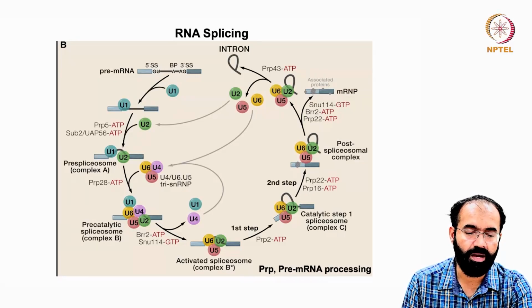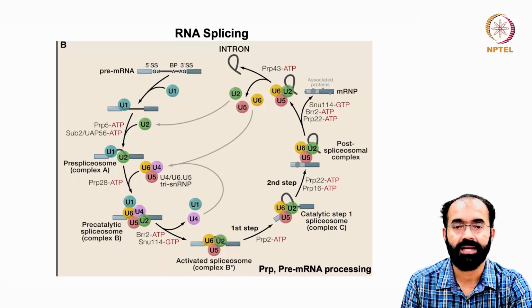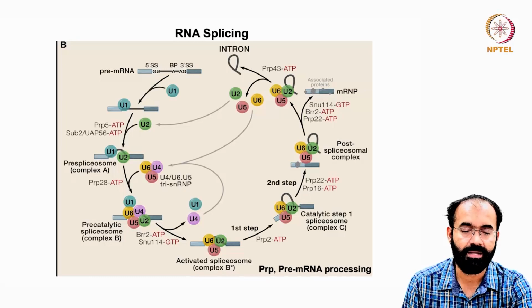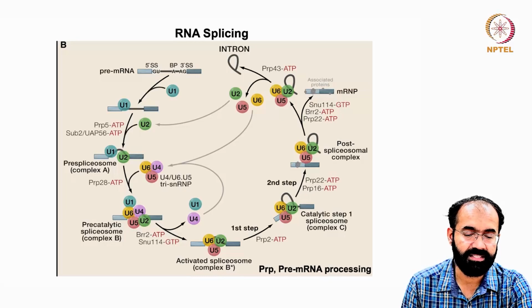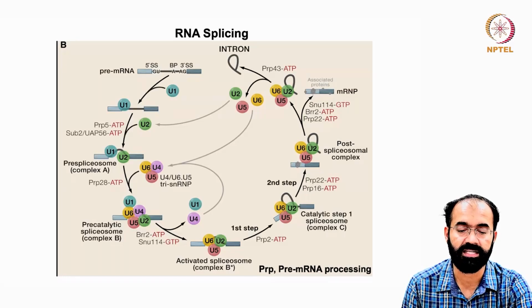And then you have PRP28, another ATP-utilizing enzyme, and in this complex the U6, U4 and U5 proteins join, and you end up getting a bigger complex, complex B, the pre-catalytic spliceosomal complex, which contains U1, U2, U6, U4 and U5 together.